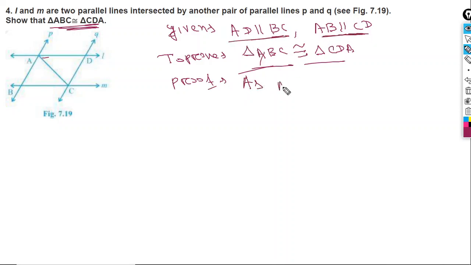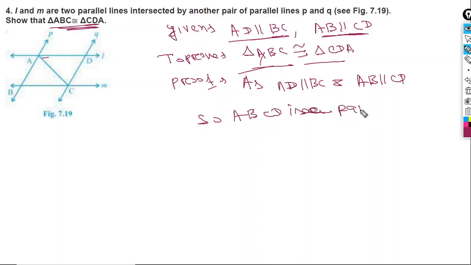We will write AD parallel to BC and AB parallel to CD. So ABCD is a parallelogram, isn't it?